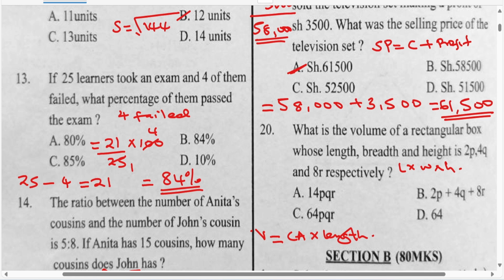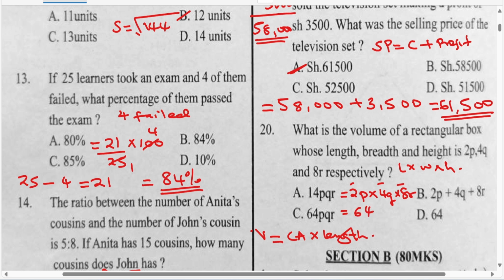Your width being the breadth. So utafanya nini? Utachukua 2p times 4q times 8r. Sawa. Na hapa mwanzo twende na numbers. 2 times 4 itakupa 8. 8 times 8 ni 64.